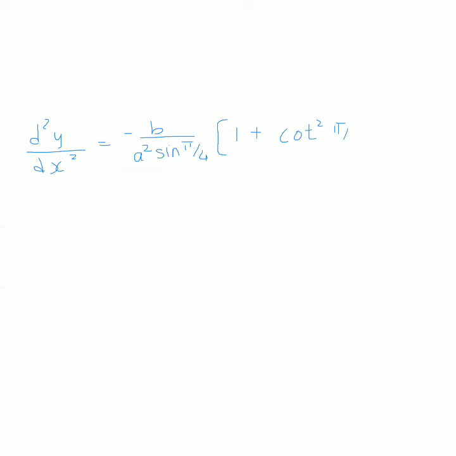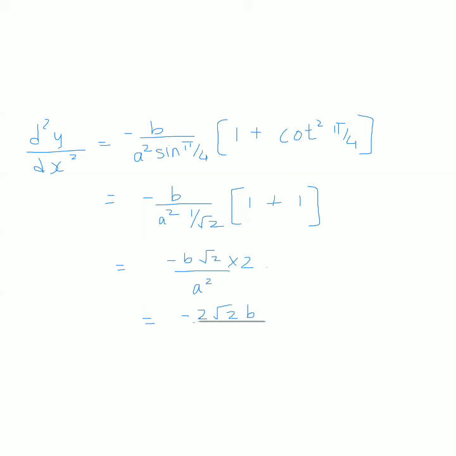What is cot pi by 4? Cot 45 is 1. So minus b upon a square, 1 by root 2, 1 plus 1, which is minus b root 2 upon a square into 2. So your final answer is minus 2 root 2 b upon a square.